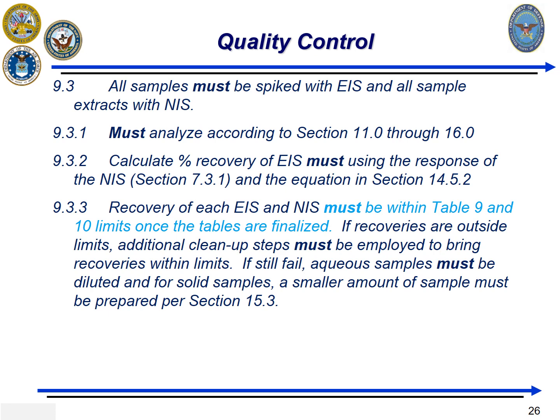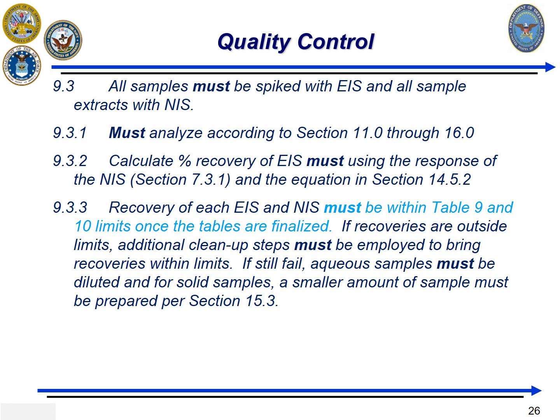The recovery of each EIS and NIS must be within the Table 9 and 10 limits once the tables are finalized. They aren't finalized right now, so there are no hard limits for EIS and NIS recoveries in the method at this point. However, the method does state that if recoveries are outside limits, additional cleanup steps must be employed to bring the recoveries within limits.